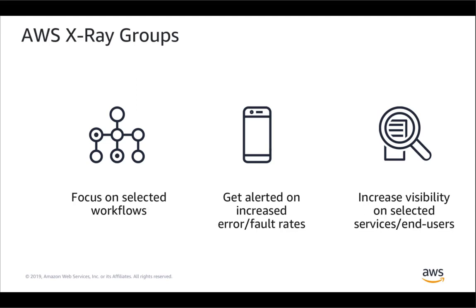This enables you essentially to increase visibility on selected services or end users. Specifically, as you're building applications, if you're not focused on the overall view, you don't want to look at everything that's happening in your application. You just want to focus on a specific intent or a specific API. XRay Groups is the mechanism to enable you to do that.